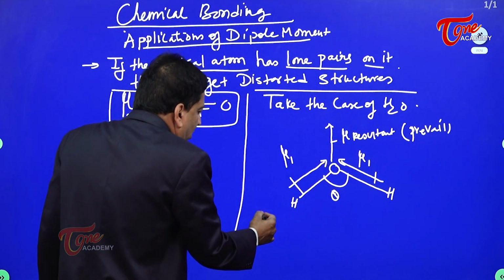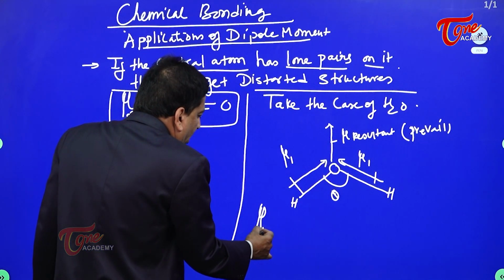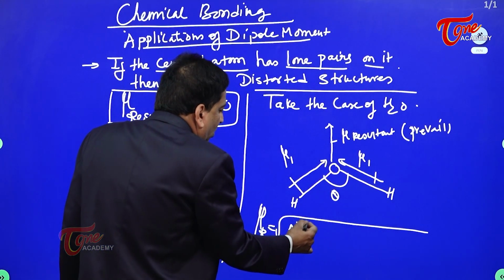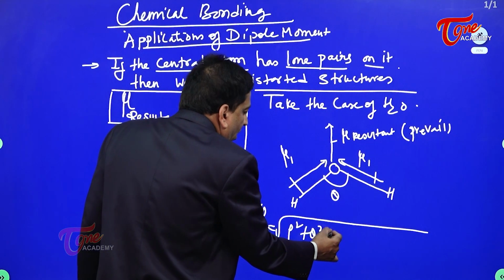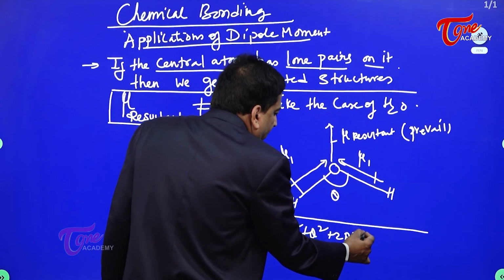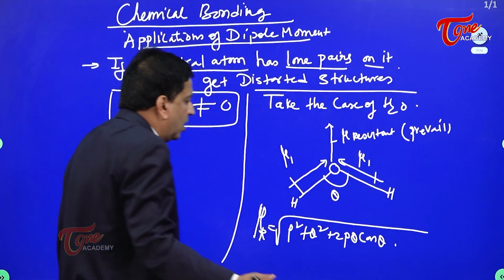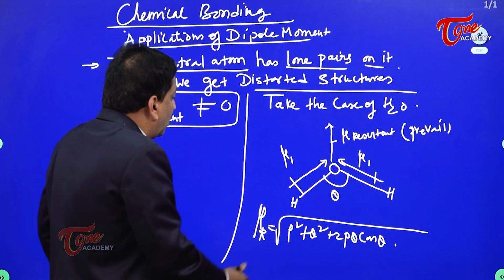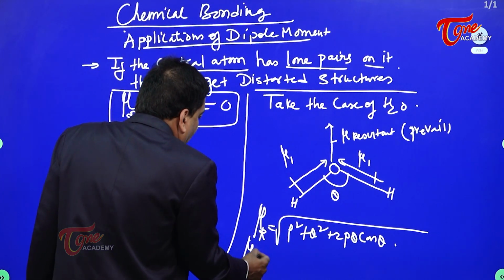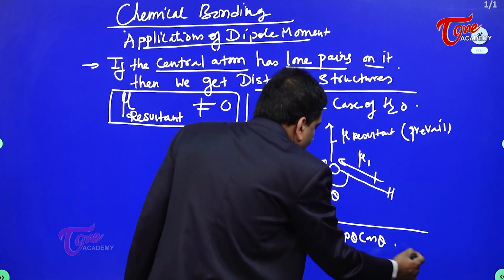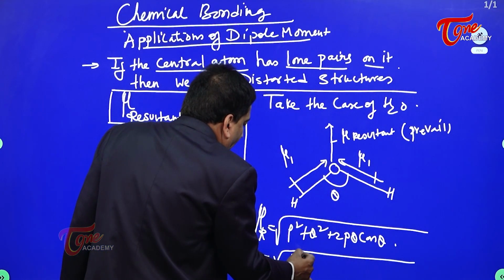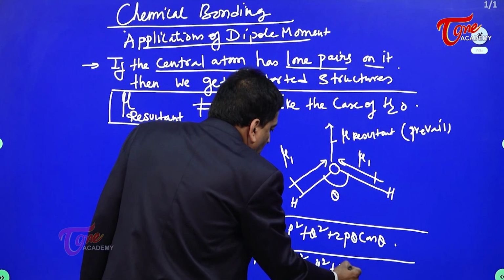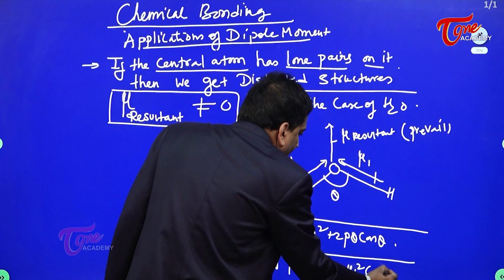How to calculate this? The mu resultant can be calculated as the square root of p square plus q square plus 2pq cos theta. In this case, mu r is equal to the square root of mu1 square plus mu2 square plus 2 mu1 mu2 cos theta.